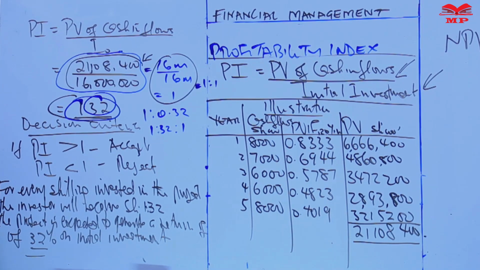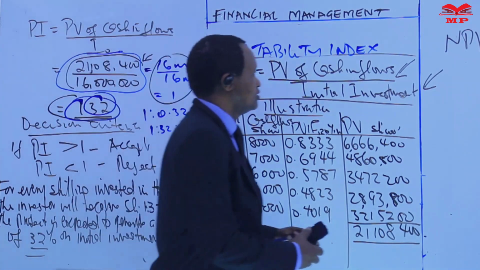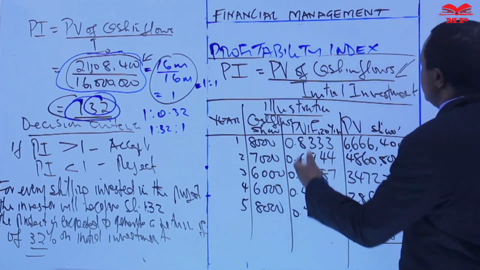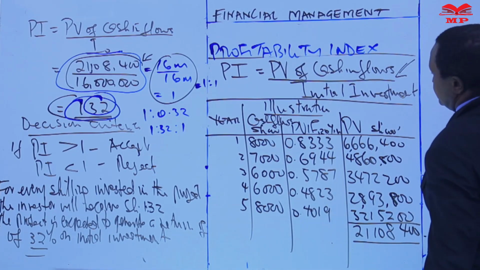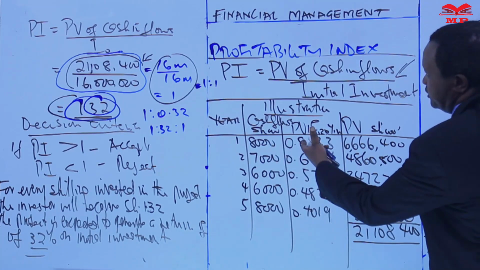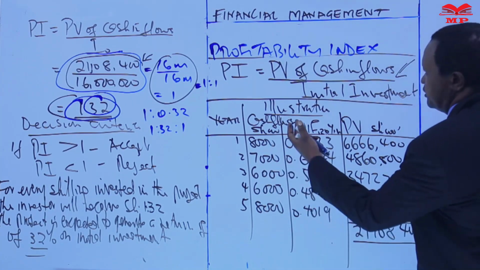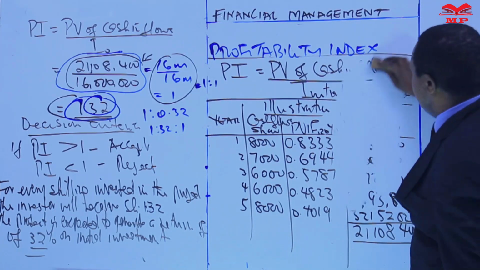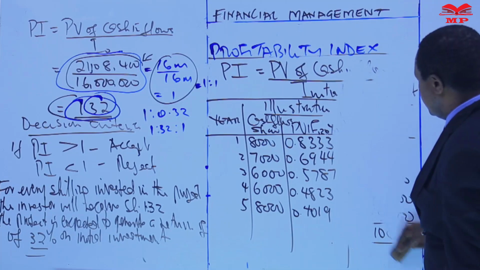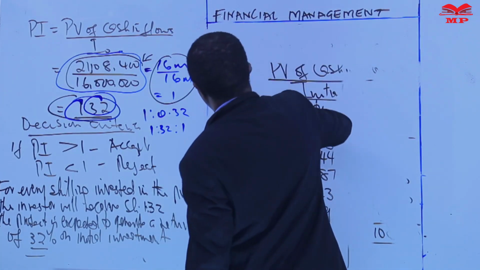So you see why it's important to understand this interpretation, because candidates are at the point of making decisions. Nowadays, the things you are learning here on the board, the computers will give you the answers. You just key in the figures, you get the PI, you get the NPV. This can be done by computers. Okay? So what is required now is interpretation.